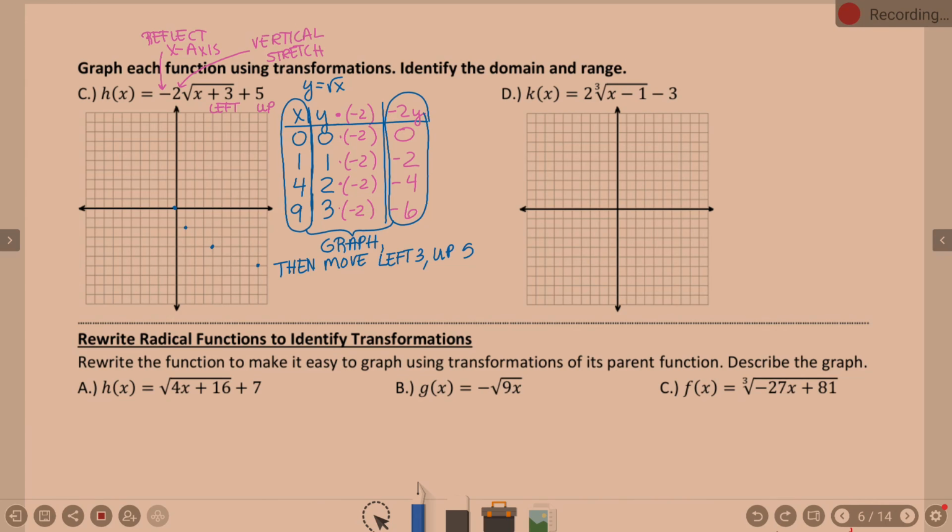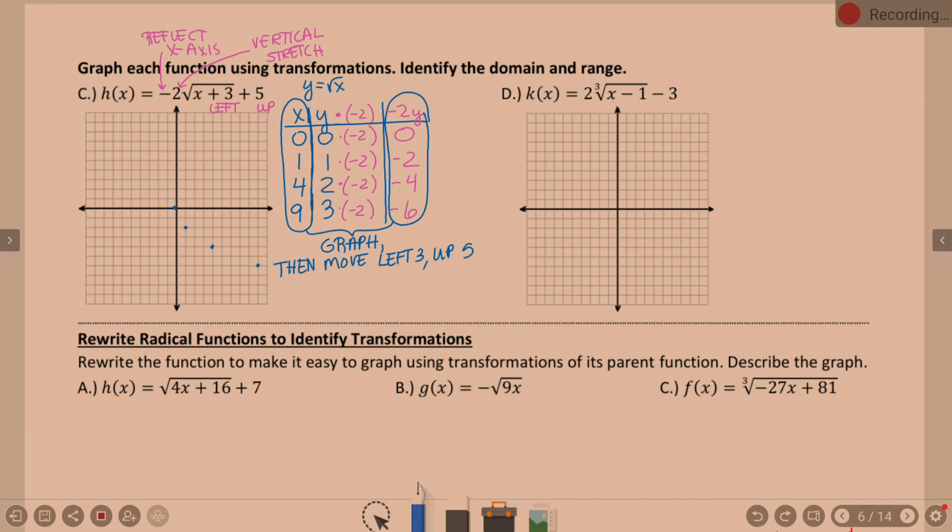Can you see what we've done to the graph so far? My graph is upside down now, yes. And do you see how it's stretched? It's not quite as close to the x-axis, is it? Each of those values is times 2 farther away from the x-axis. Now, am I done? No.